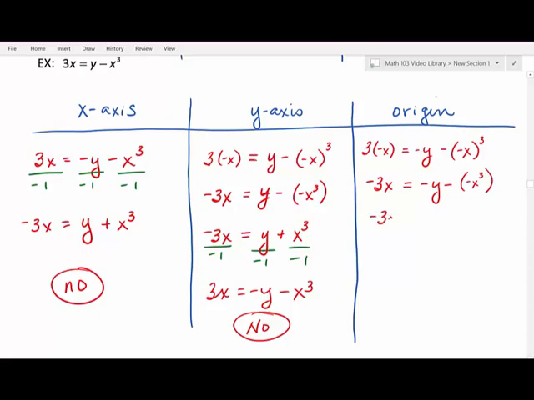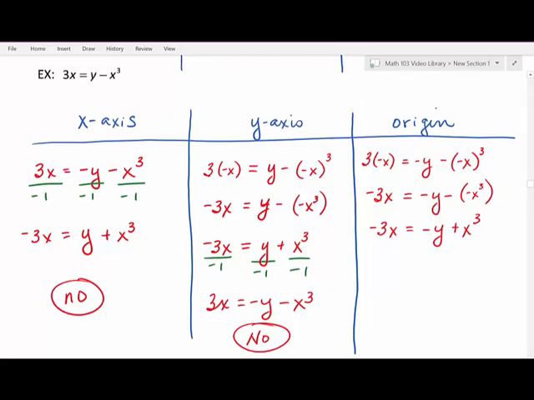And we can rewrite the right-hand side to be negative y plus x to the third. We've cleaned it up. We're going to compare it with the original. It's not the original. The only other thing we can do is divide every term by -1. When we do that, we get positive 3x equals positive y minus x to the third.